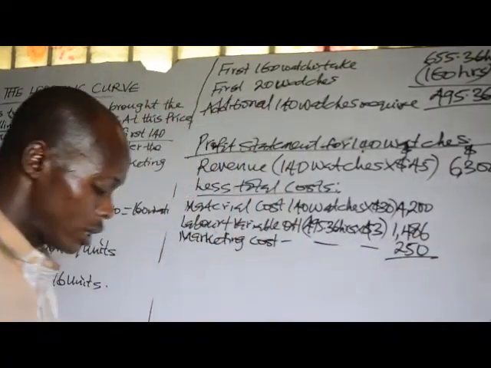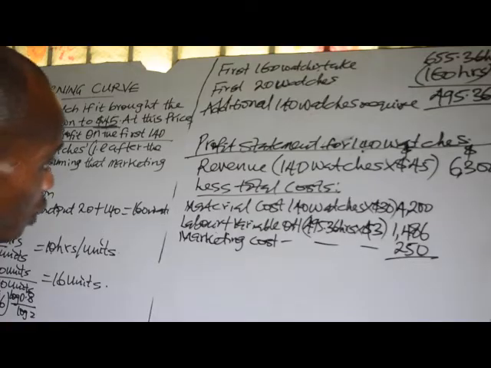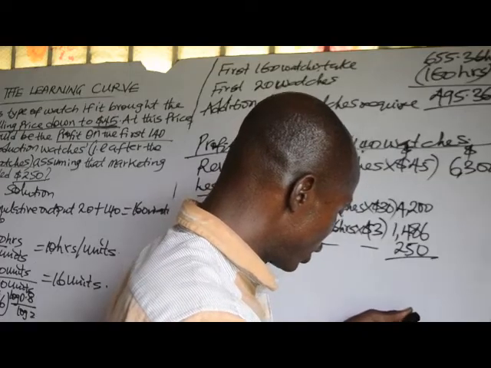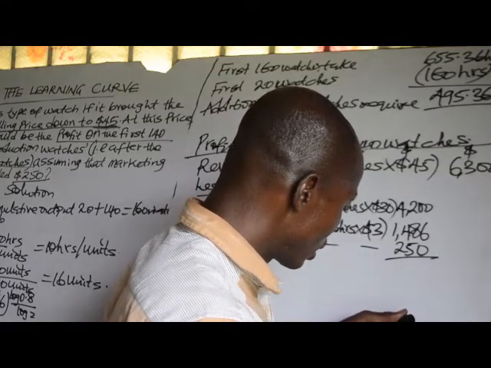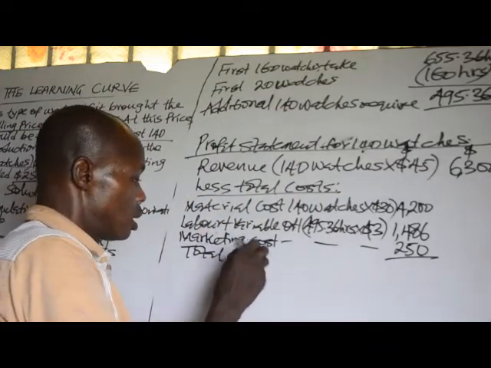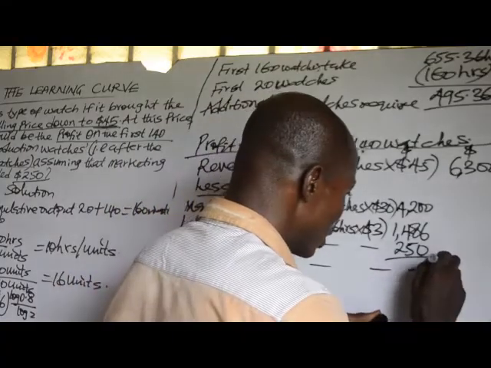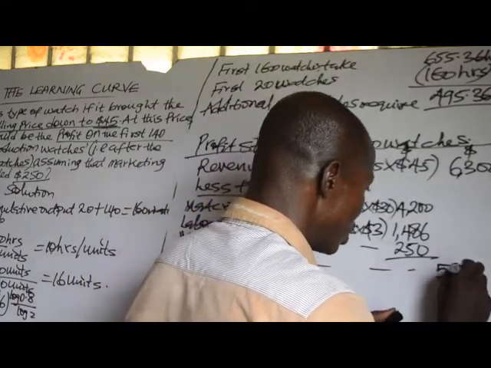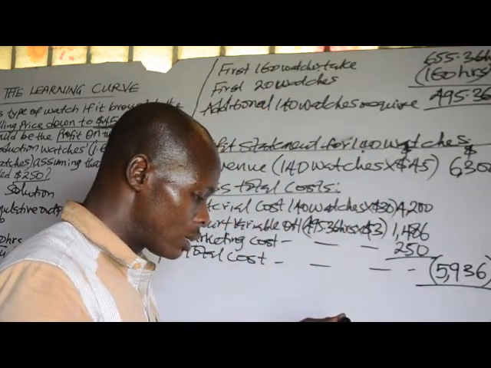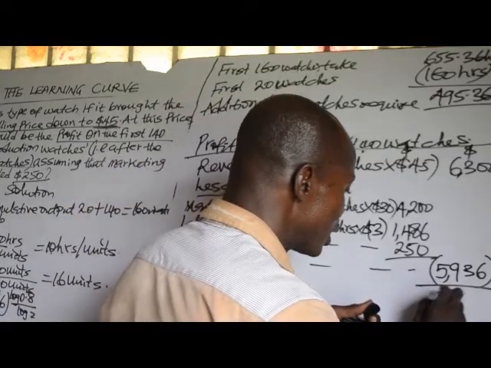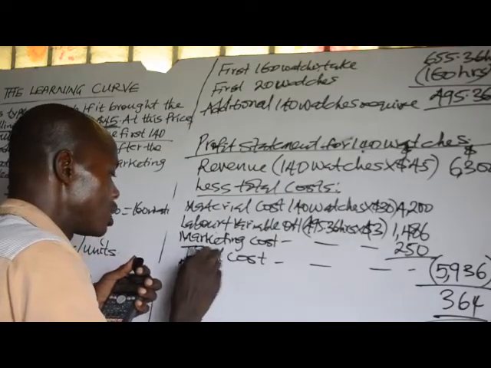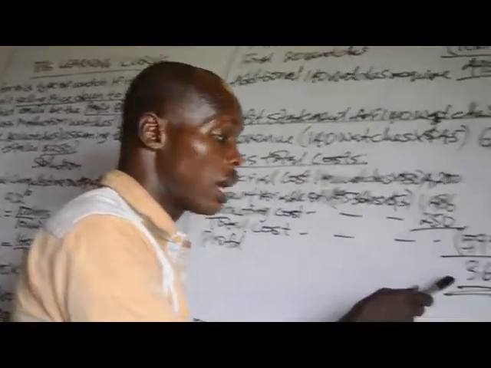So when you sum up the cost, we have 4,200 plus 1,486 plus 250. The total cost is $5,936. If you subtract the total cost from revenue of 6,300, then you have the profit of $364. So that is our profit. That is the solution to example 2.